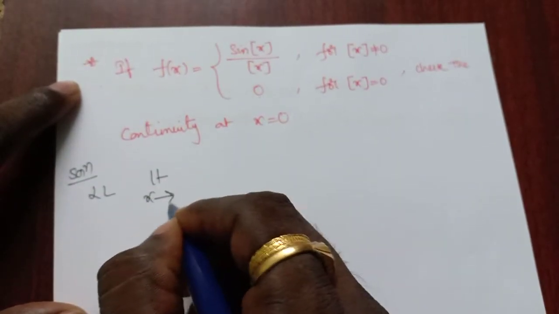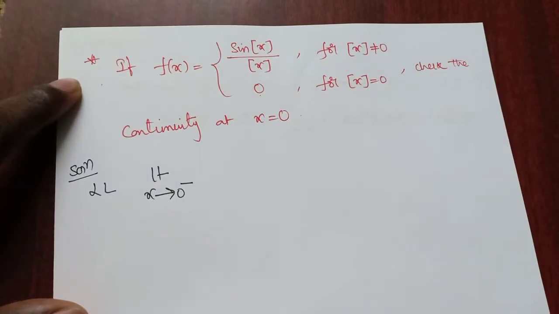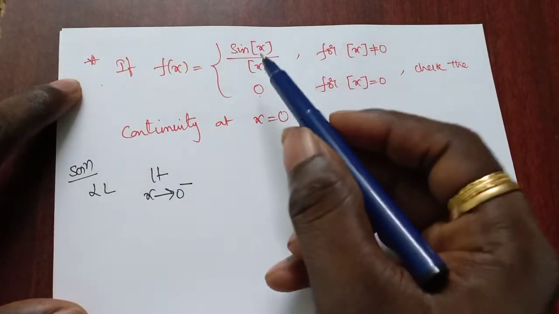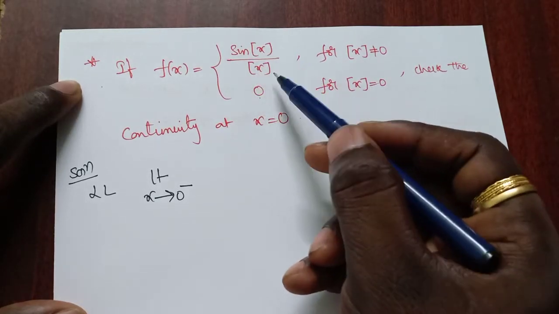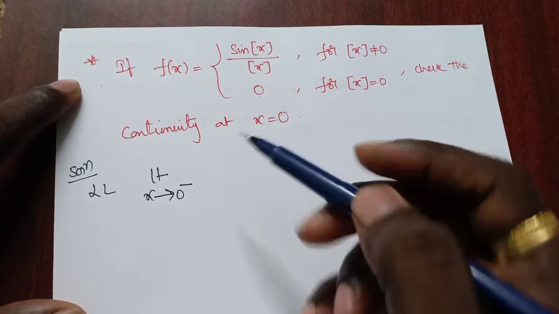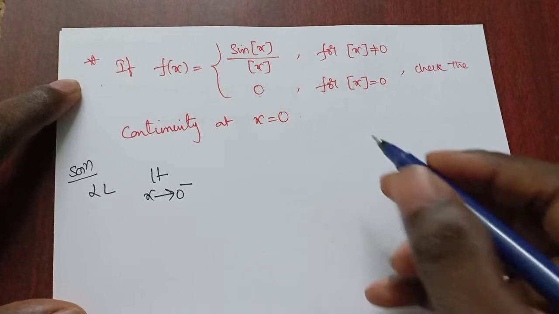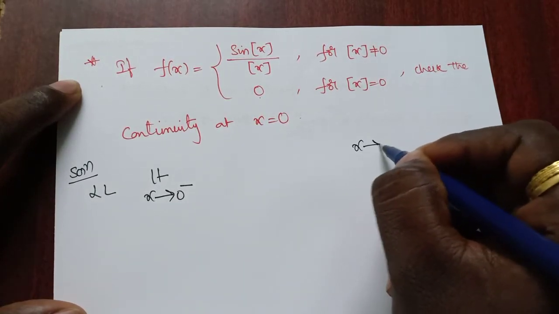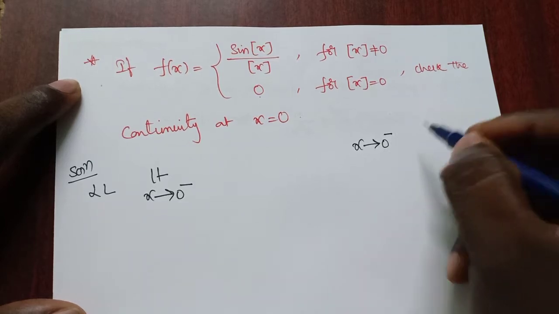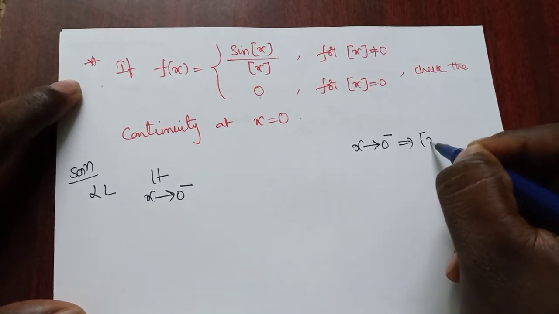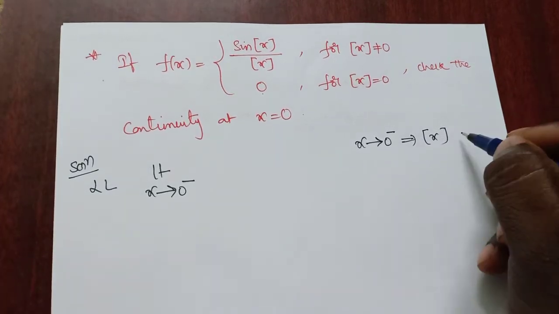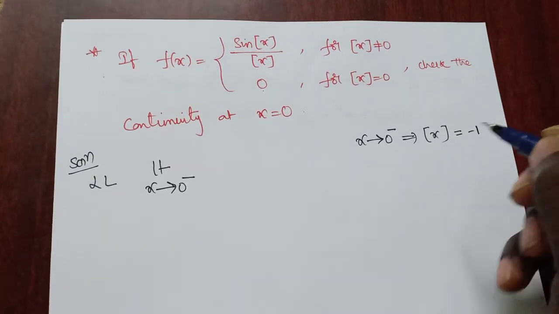Now what is the left hand limit? Limit x tends to 0 minus, that is the left hand limit. Now what should we take, sin[x] by [x], or it should be 0? Here x value approaches 0 from the left side, which gives a negative result, so [x] equal to minus 1.